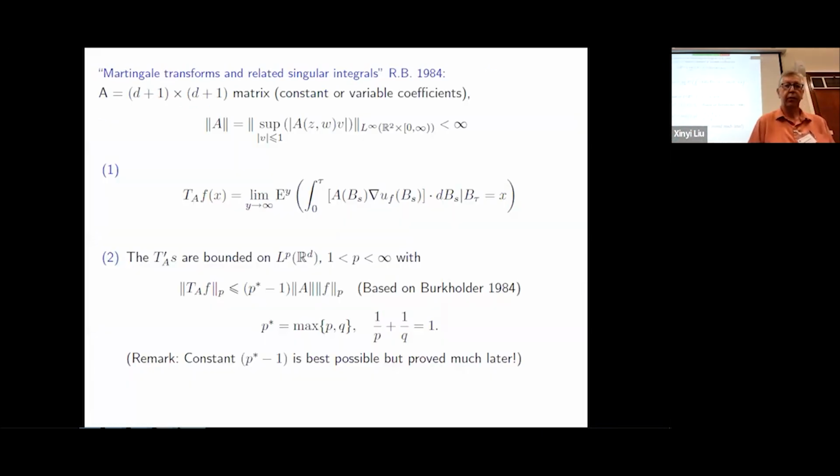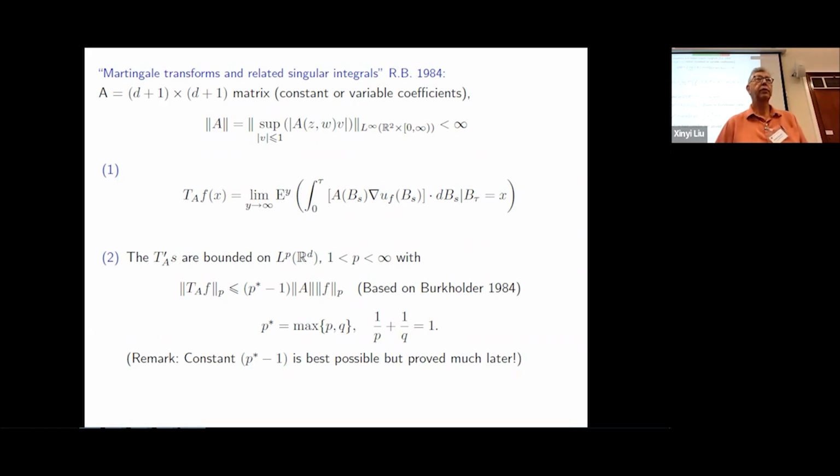1984, I wrote a little paper with several observations. I call them observations now. Of course, I called them theorems then because I wanted to publish a paper, but they really were observations in some sense. My first observation is that you can define these operators, which I call T sub A's.